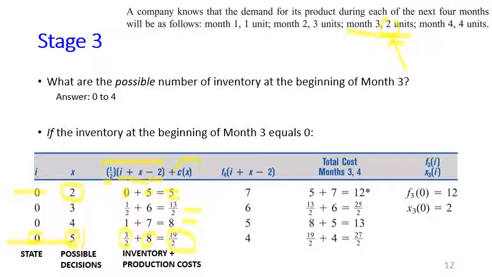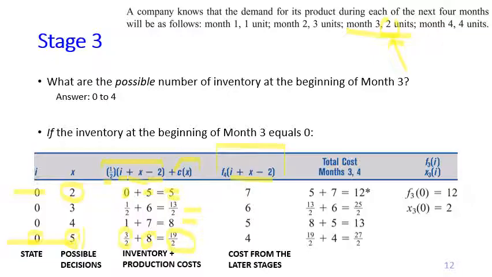Now remember that because this is only the cost for stage 3, we need to take into account the cost from stage 4. So this is the cost from stage 4, and the state here is the beginning inventory of stage 4, or in other words, the ending inventory for stage 3. So what is the ending inventory of stage 3?